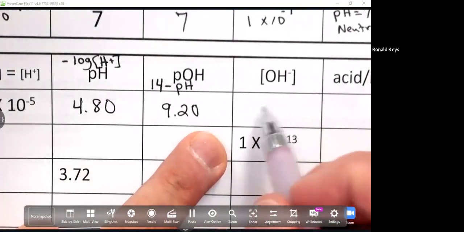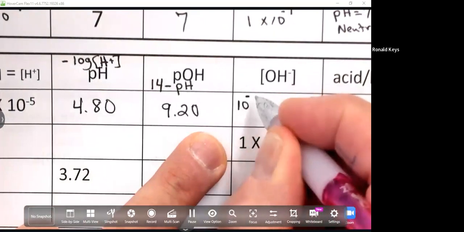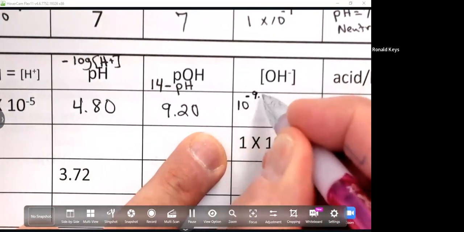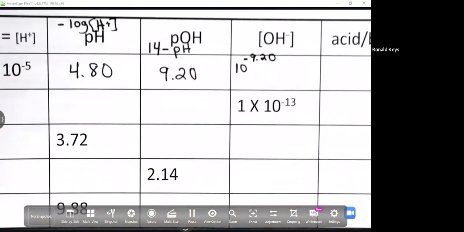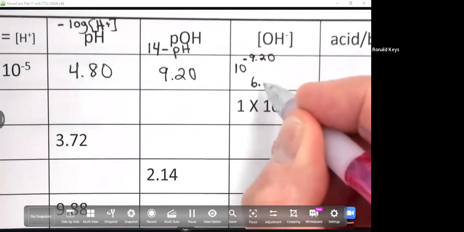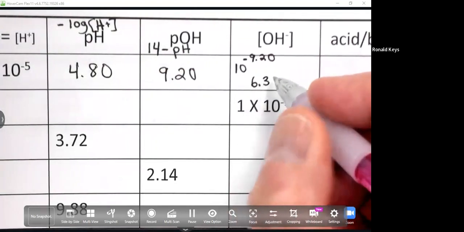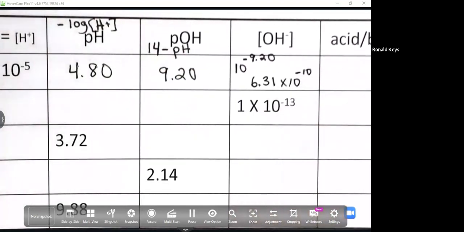There are two ways to get this. Let's go 10 to the negative pOH, 10 to the negative 9.20. If you take 10 to the negative 9.20, we get 6.31 times 10 to the minus 10.